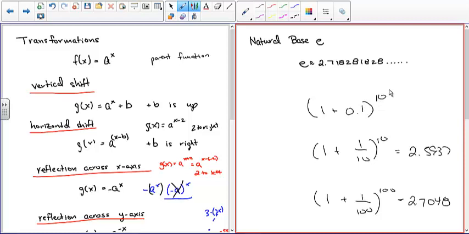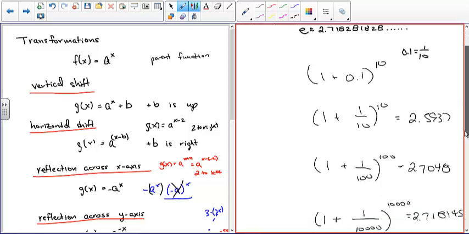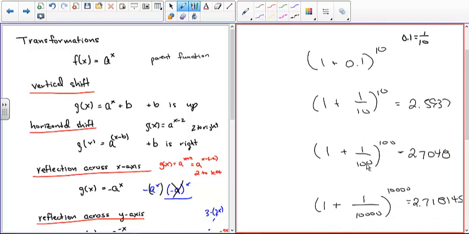So what does that mean? 0.1 is equal to 1/10, so because the exponent is 10, we add 1/10. That is 1.1 raised to the 10th power, which gives you 2.5937. If you do it for 100, that's 1.01 to the 100th power, which gives you 2.7048.